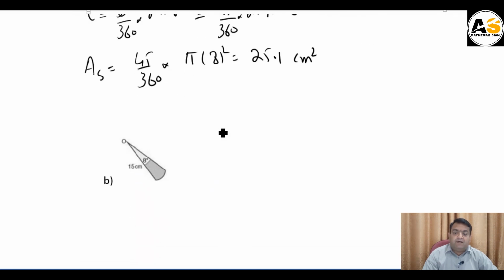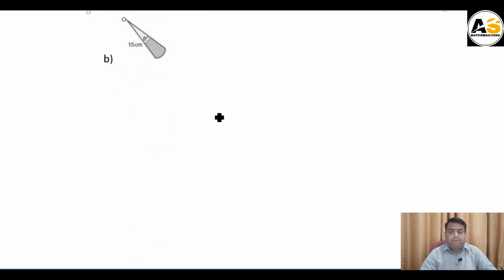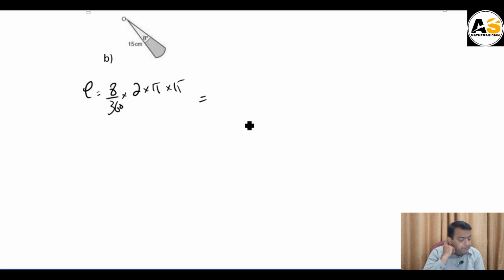In the second part, same. What will be the arc length? Arc length will be 8 over 360 into 2 into pi into r. And when you simplify it, it will give you 2.09 centimeter.